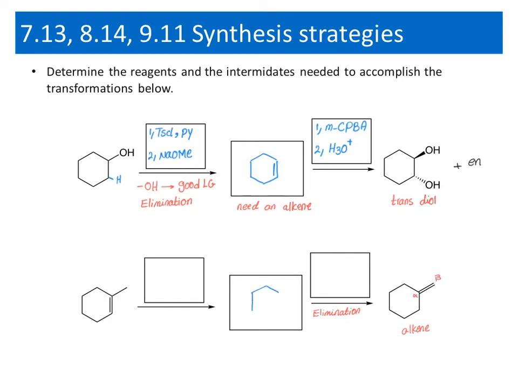As I mentioned, in the alpha carbon we should have a good leaving group such as bromine attached, and in the beta carbon we have a beta proton. So the starting material for this transformation can be an alkyl halide.